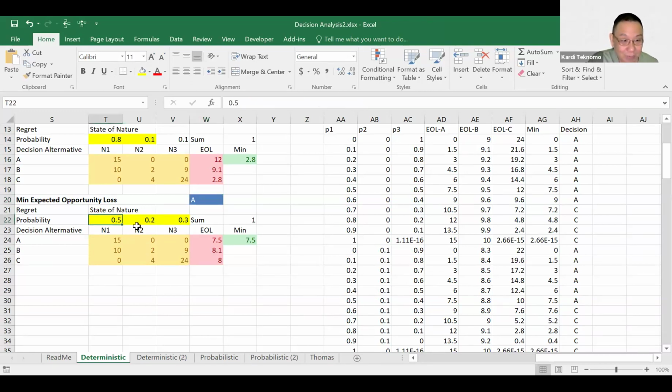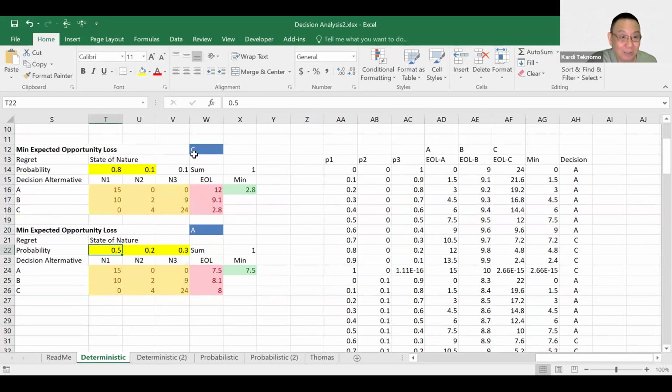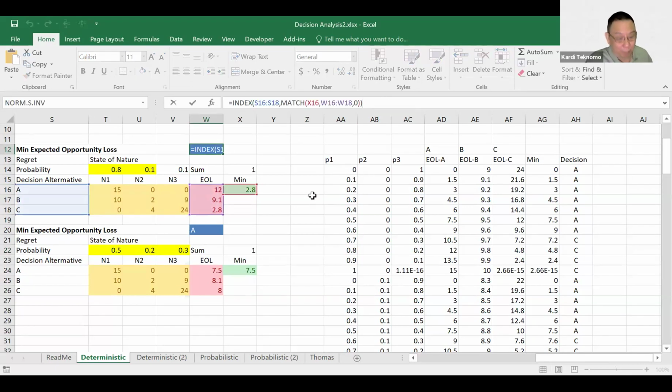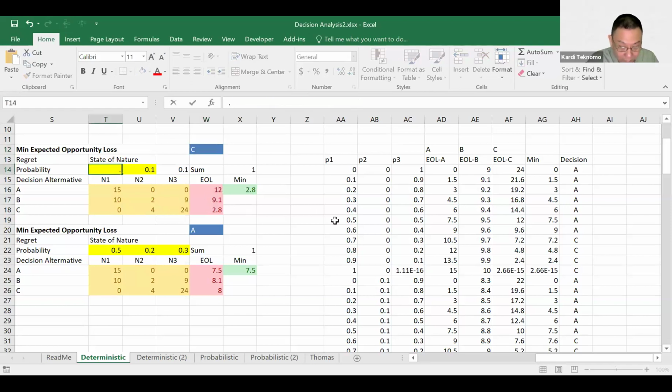And say you change the probability here, and you will get the result again. Say I change the probability to 0.4. If I put 0.4 here and this one 0.1, this is automatically 0.5, so that the sum is 1.